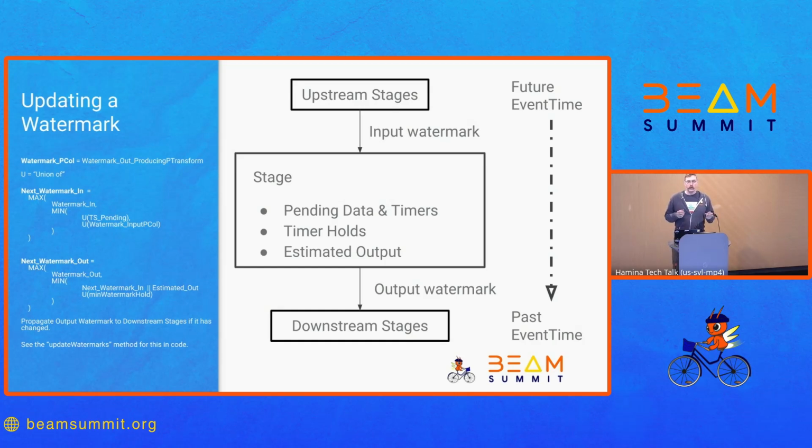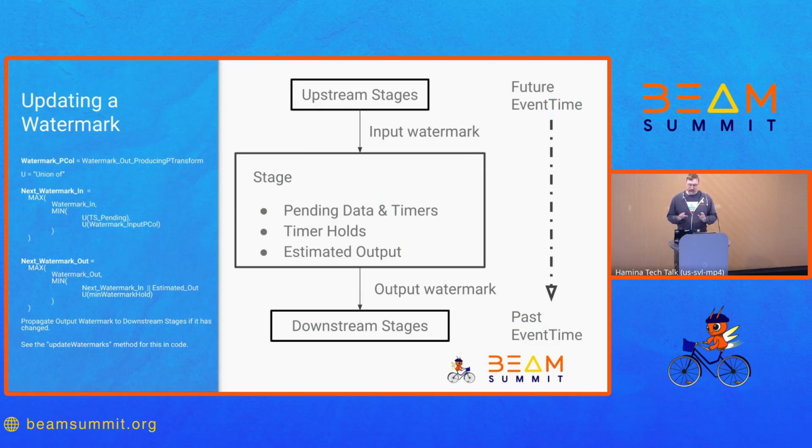We calculate the watermark in an iterative process, essentially, as the stage has been marked that its state has changed, whether that is based on new inputs pending for it to process, new timer holds, or estimated outputs from a previous process. We use that information to actually calculate what the watermark is.